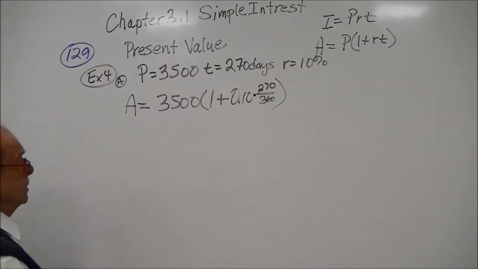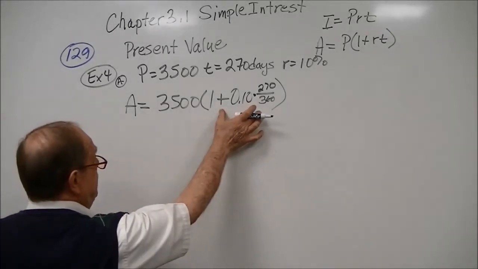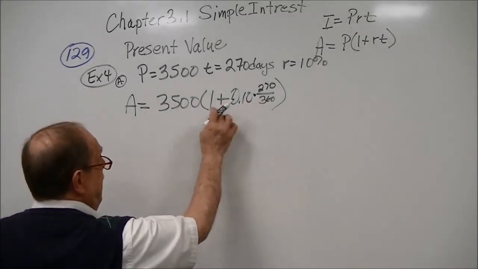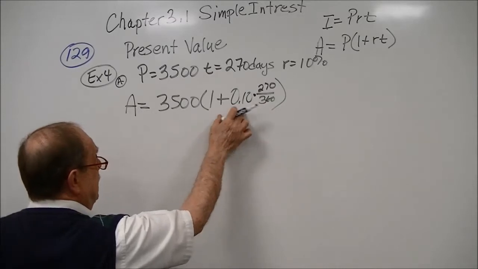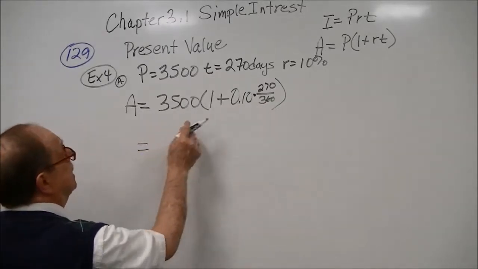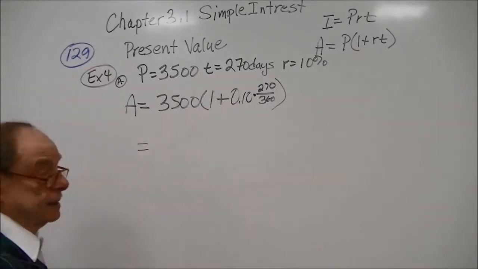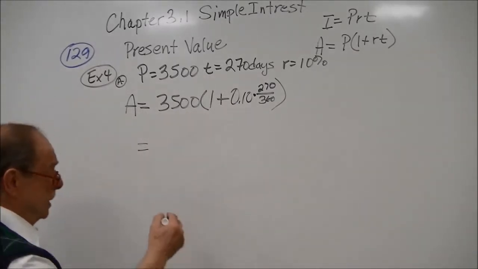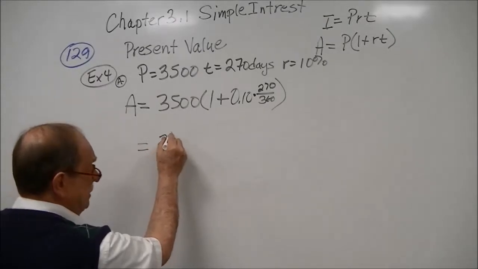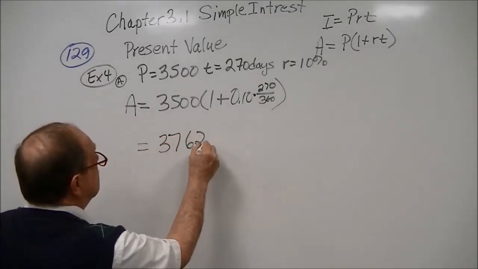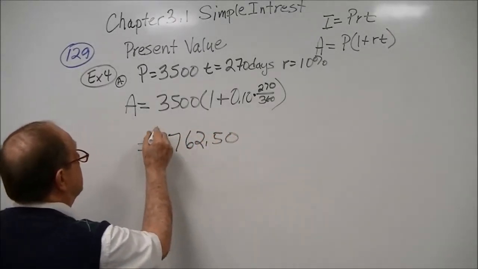Now I'm going to multiply this, add 1 to it, and then multiply this times that, and this is all in the book, and eventually I end up with $3,762.50.